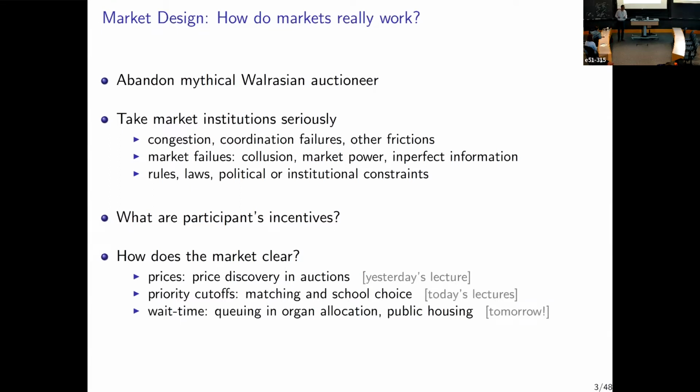Okay, tomorrow Dan is going to be talking about waitlists, and in that case, the object that clears the market is wait time. If something is very desirable, well, you need to wait more for it. So these are all the different ways in which markets are going to clear, and we're going to try to understand exactly what the clearing mechanism is in each of these markets.